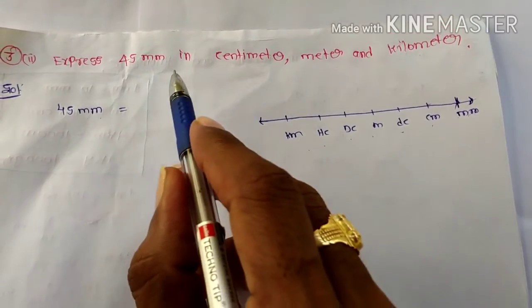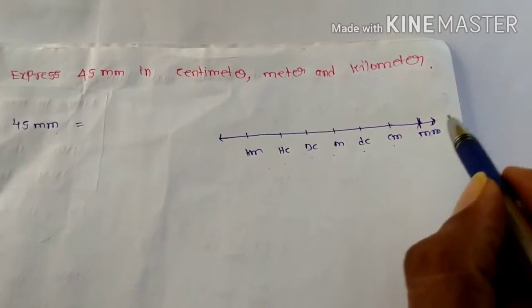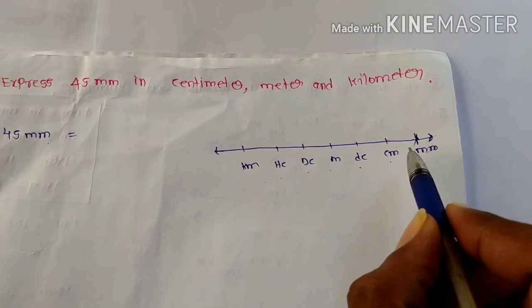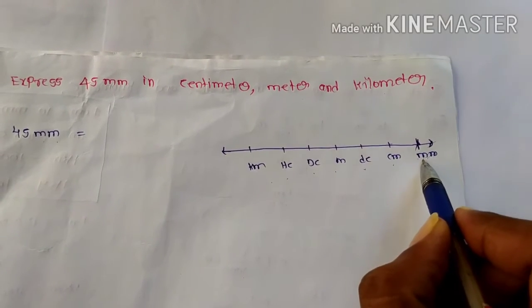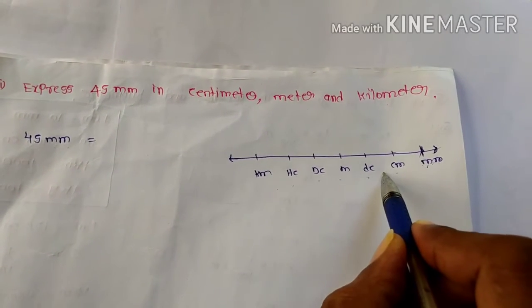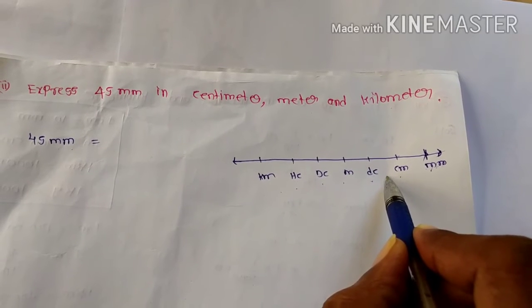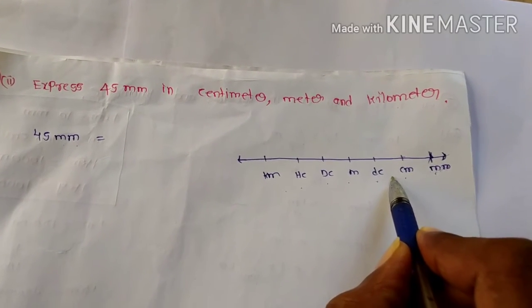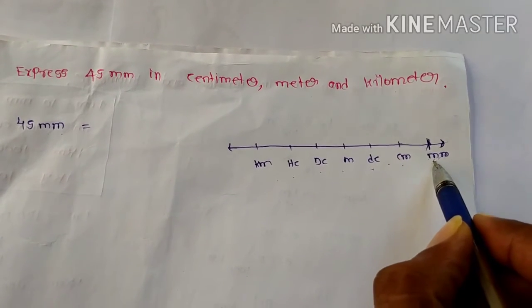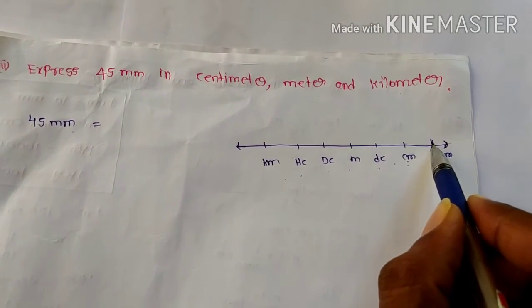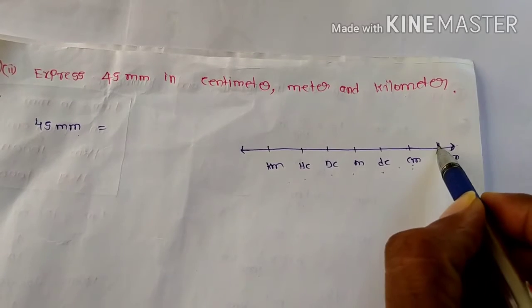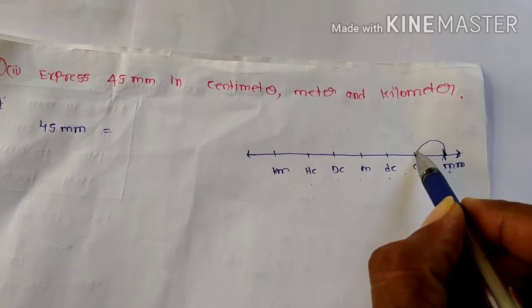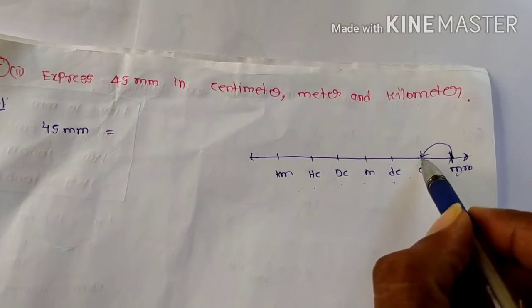You need to convert into centimeters. You know that to convert smaller units to larger units, you need to divide with 10 powers. How many moves have you done? Millimeter to centimeter, that means smaller unit to larger unit. You have moved only one place. Yes or no? You have moved only one place.